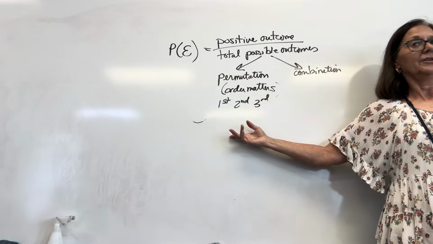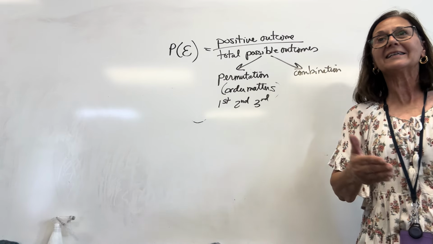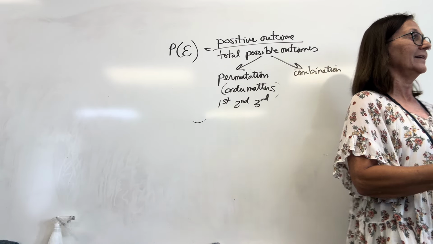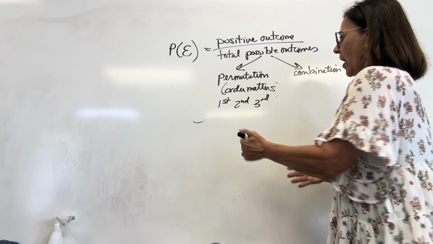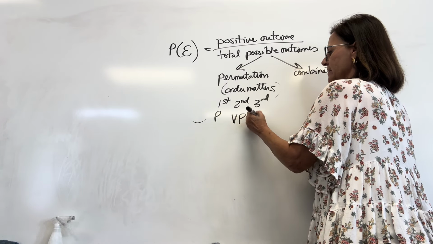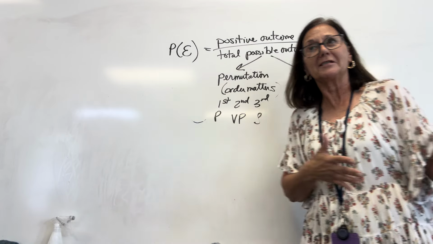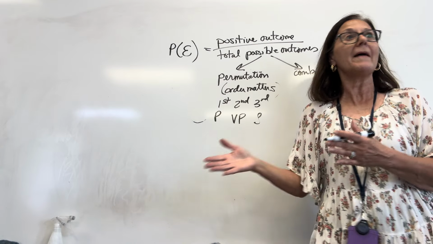You don't just pick 9 people and say go bat, do you? No, somebody has to go first, somebody has to go second, right? Or if I am picking the president, the vice president, the secretary, it matters to me who's the secretary as opposed to who's the president. Order matters, right?